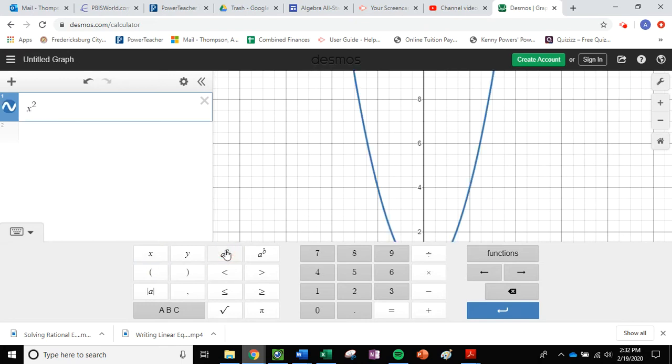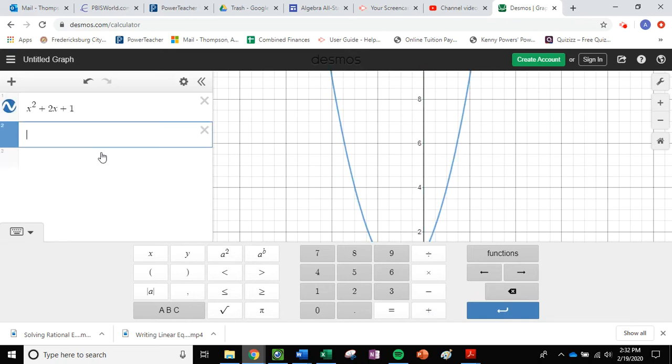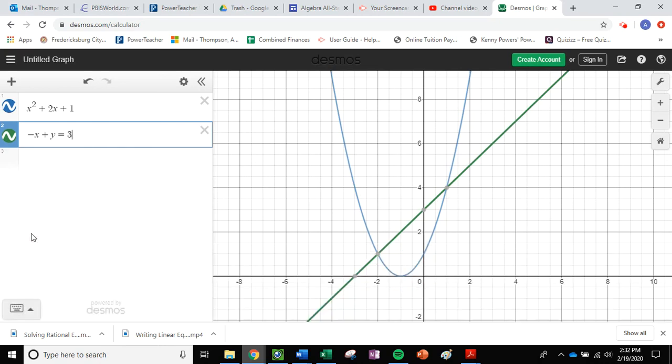And my next line, negative x plus y equals 3.